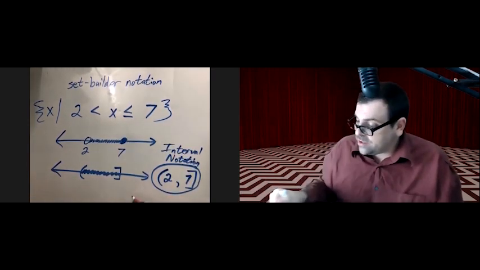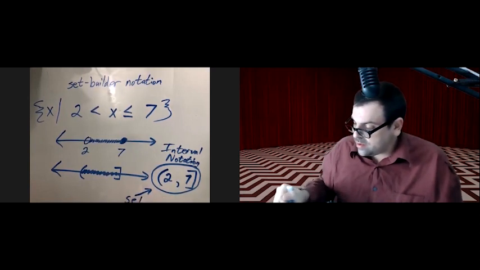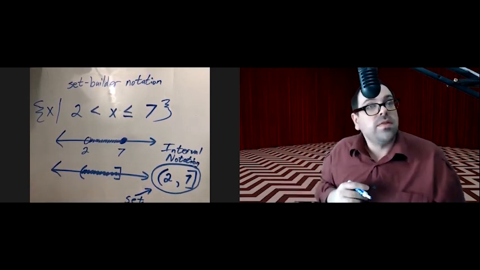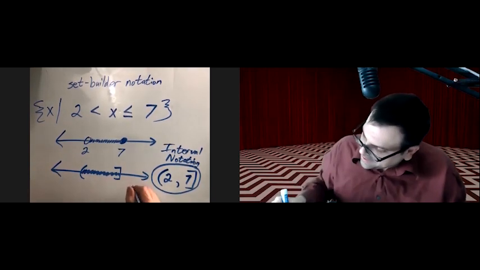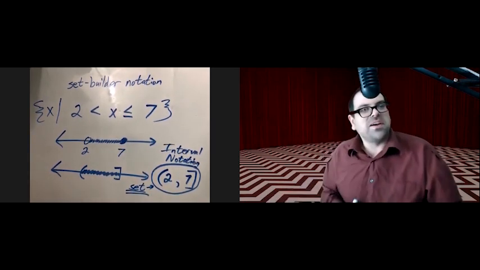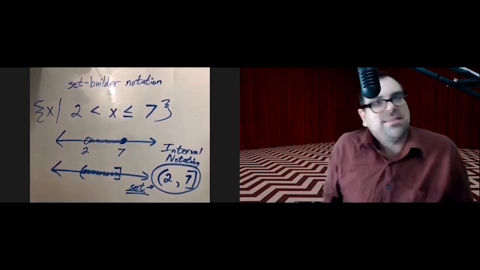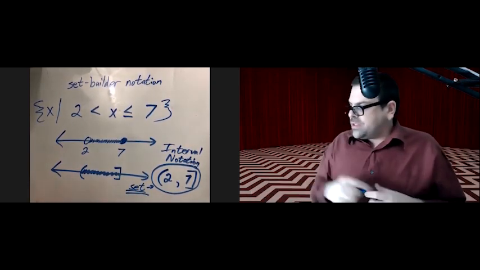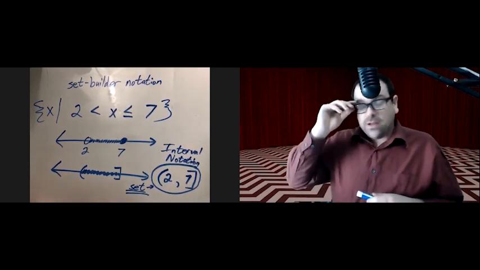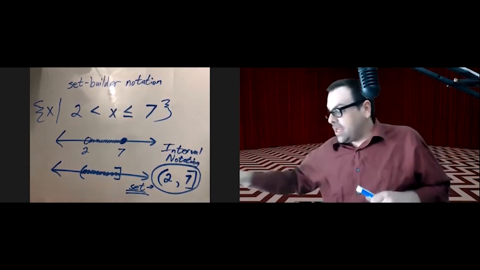Interval notation, that is a set. I underlined that twice and the emphasis got lost. There we go. That is a set. So this is why we use interval notation a lot in math.